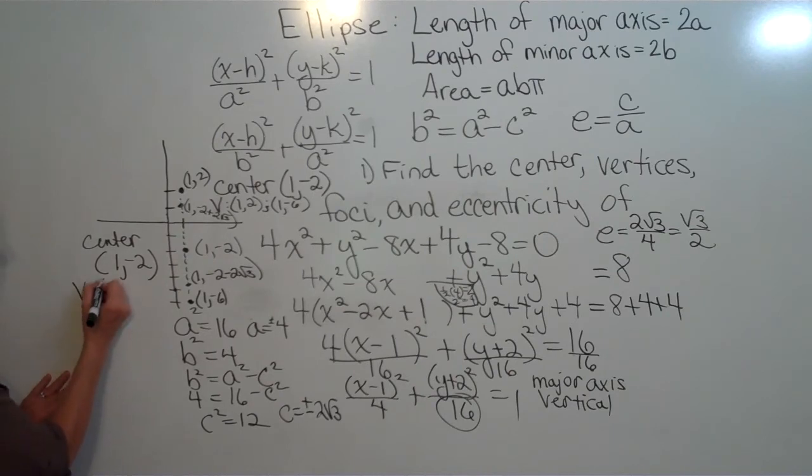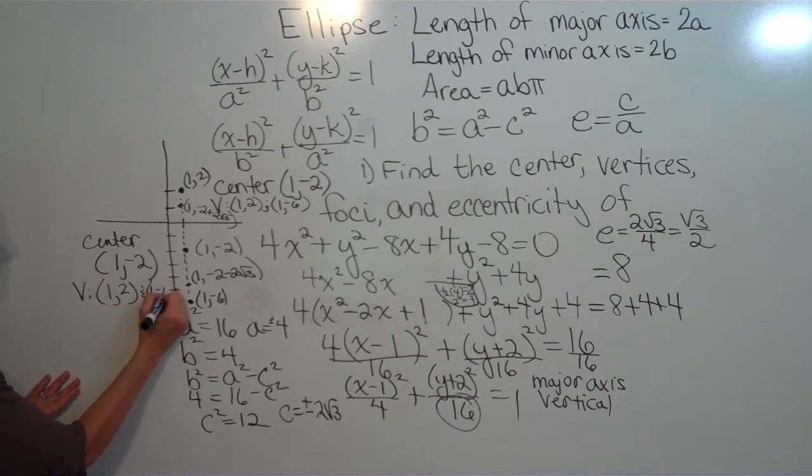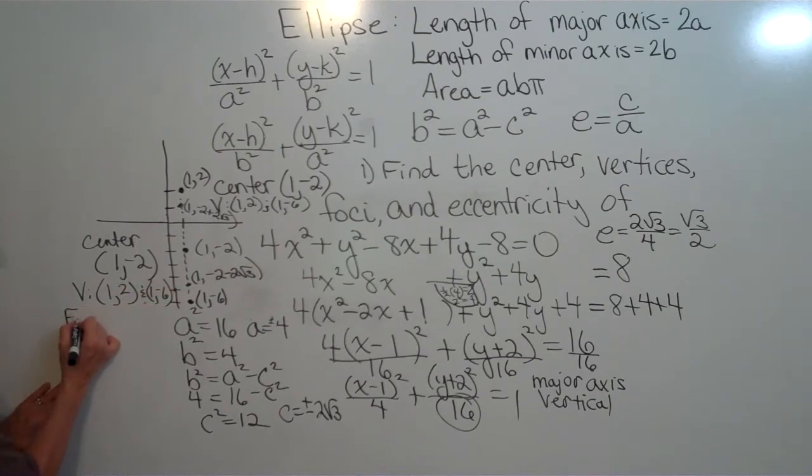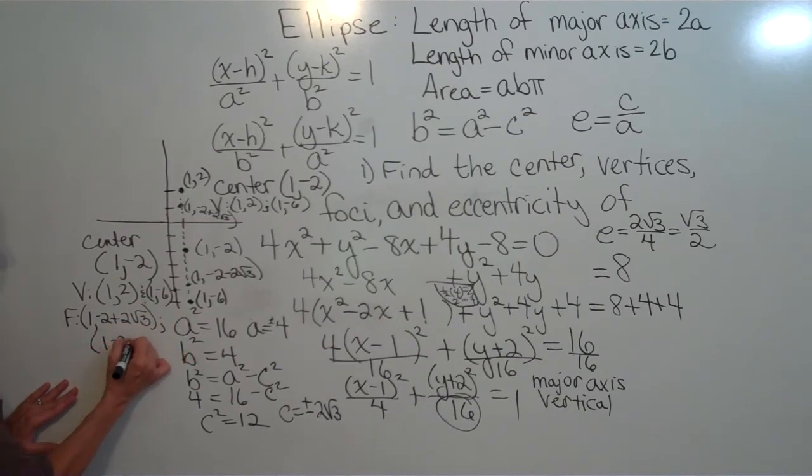The vertices are at 1, 2, and 1, negative 6. The foci are at 1 comma negative 2 plus 2 square roots of 3, and 1 comma negative 2 minus 2 square roots of 3. And then my eccentricity is the square root of 3 over 2.